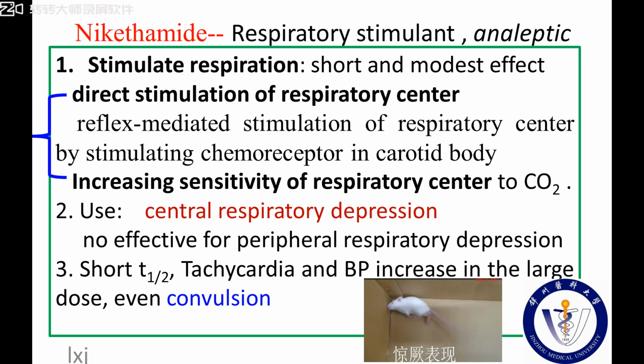Just inject nicotinamide intravenously and slowly. Try to avoid a sudden high concentration of nicotinamide in the rabbit's plasma. Try to avoid convulsion caused by nicotinamide, even death.